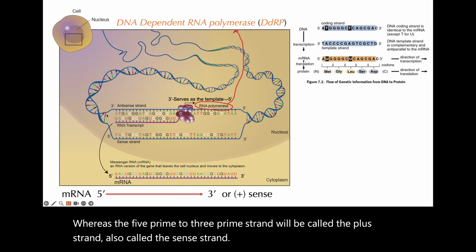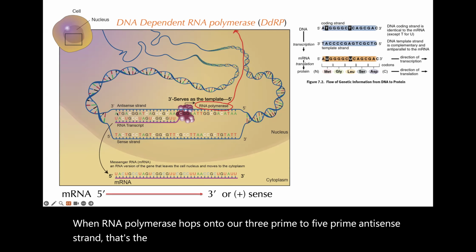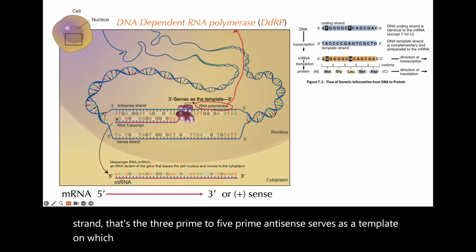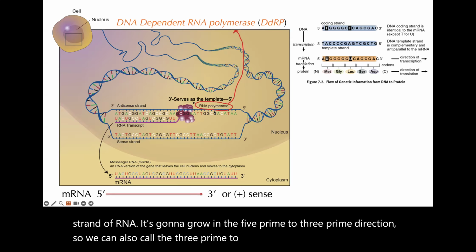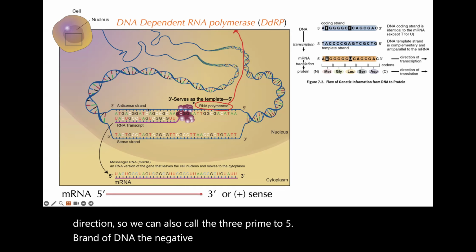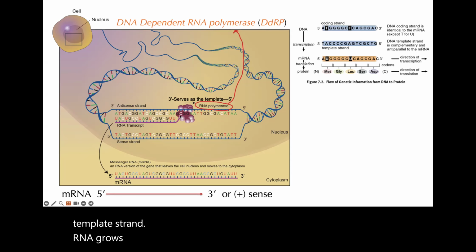When RNA polymerase hops onto our 3' to 5' antisense strand, that antisense strand serves as a template on which we can build a mirror image or opposite corresponding strand of RNA that's going to grow in the 5' to 3' direction. So we can also call the 3' to 5' strand of DNA the negative strand, the antisense strand, and also the template strand. RNA grows 5' to 3'.